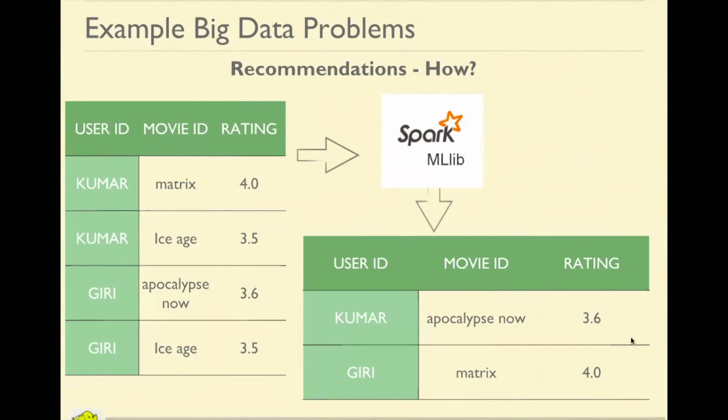How does it do it? It basically finds similar users by comparing their movie habits and then starts recommending movies to each other. This is probably the simplest way to answer it. I hope this diagram is clear to you. So here what we're doing is we first make a list of user ratings, that Kumar likes this movie this much.